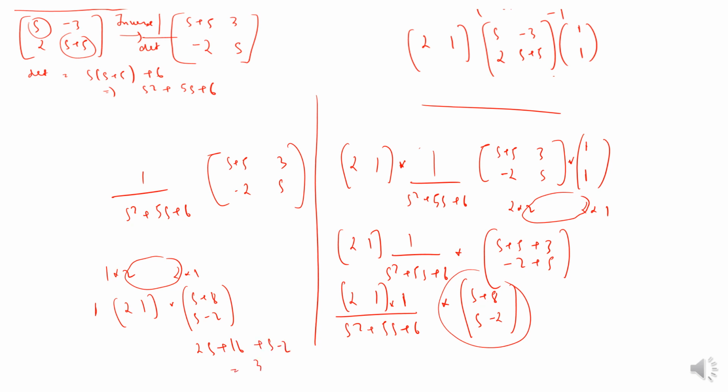This is 3S plus 14. So the value is 3S plus 14 by S square plus 5S plus 6. So this is the transfer function Y of S by X of S.